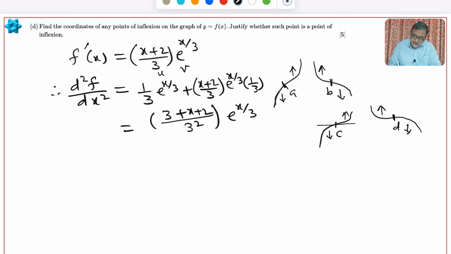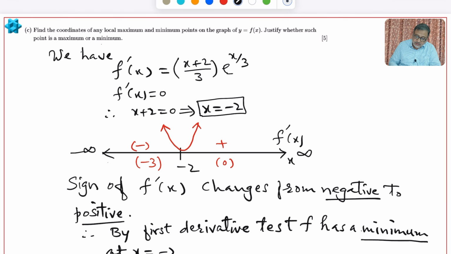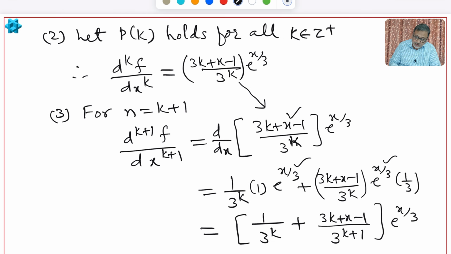Or we can substitute into the given formula for the nth derivative, d n f by dx to the power n. Replace n by 2 and you can get the answer also.